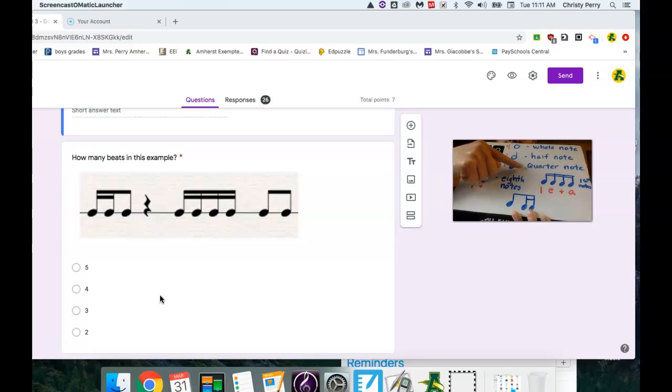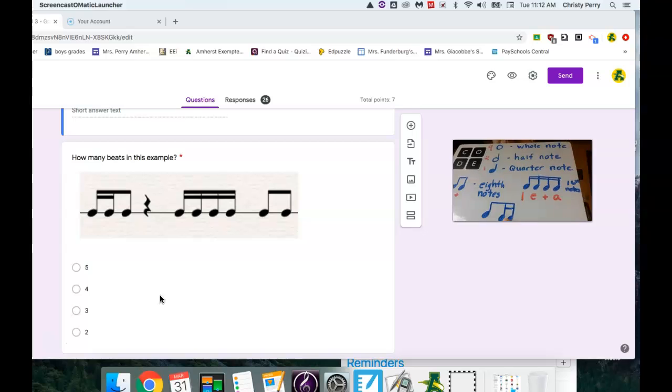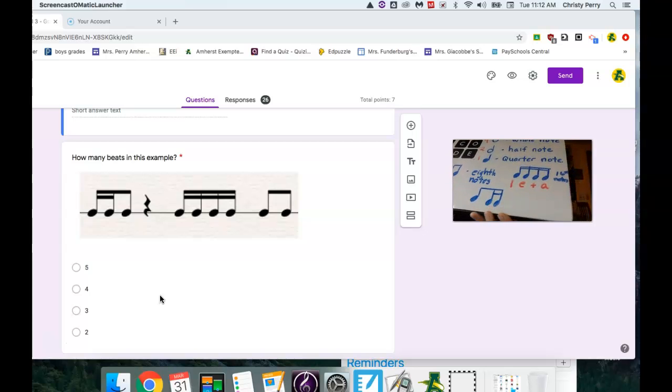And then we have 16th notes, double striped. So you can see that there's double stripes. There are typically 4 of them connected in a beat, 1 E and a, 2 E and a, and so on. And sometimes we have these hybrid rhythms where we are combining an 8th note with 16th notes, or we can do 16th notes to an 8th note.